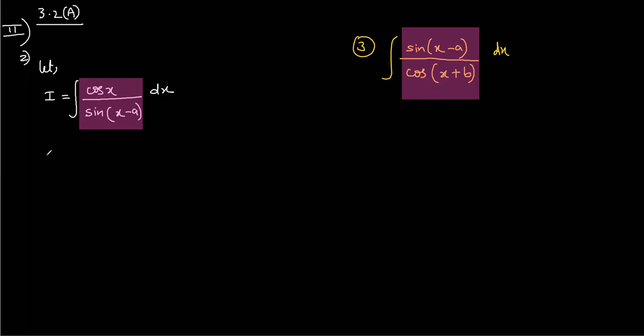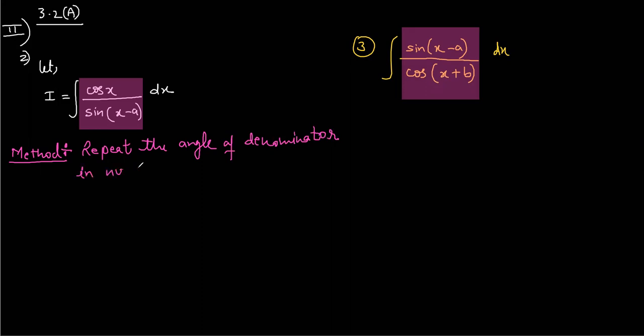The method would be, let me write the method here: repeat the angle of the denominator in the numerator. That is the method. Repeat the angle of the denominator in the numerator.